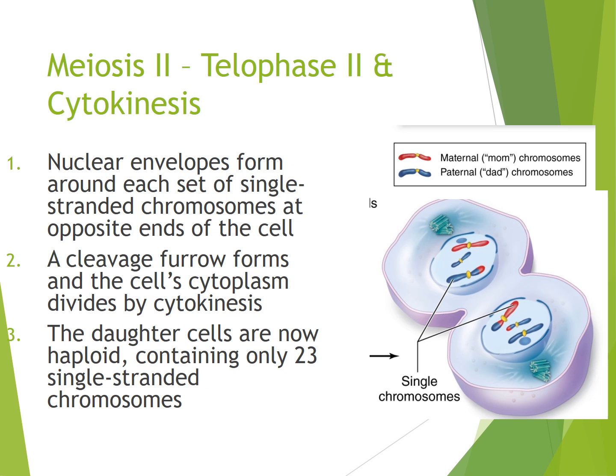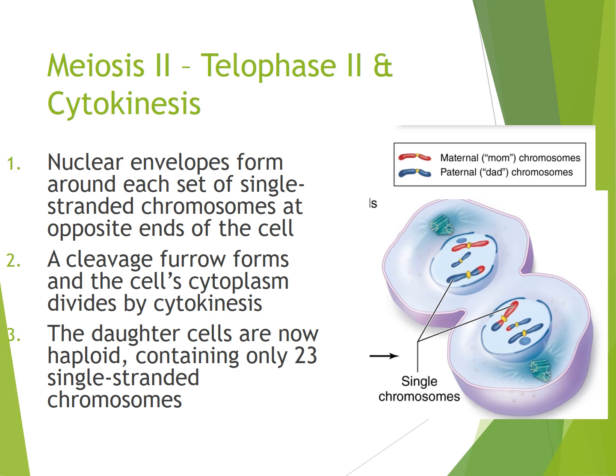And the last stages of meiosis 2 are telophase 2 and cytokinesis, where the single chromosome arrives at the opposite end of the cell. There's a reforming of the nuclear membrane around each cell, and then a cleavage furrow forms where the cytoplasm then divides into both cells as well.